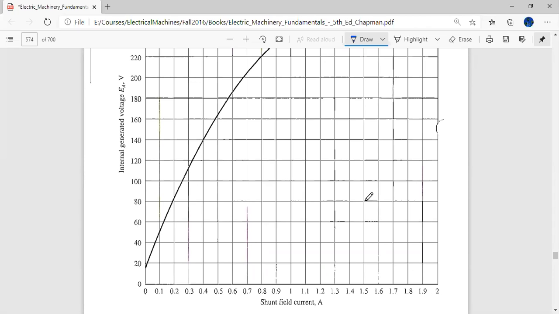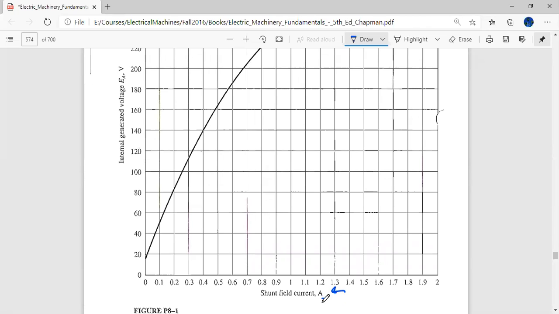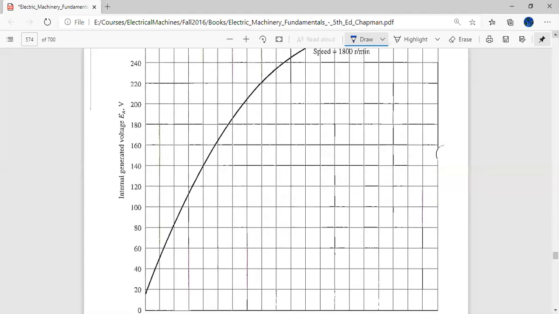As I told you, on the x-axis you will always have something to depict the field of the machine. Sometimes the field is given in the form of field current, sometimes in the form of MMF, which is ampere turns. But still it is a depiction of the field, so you should never worry.